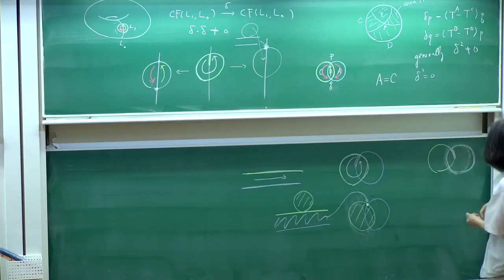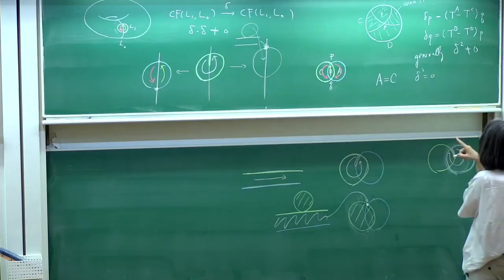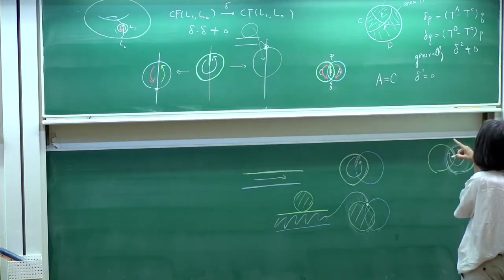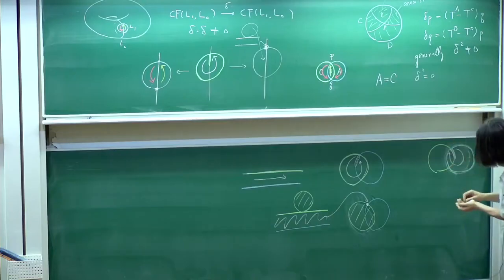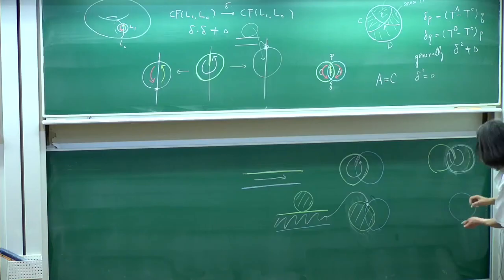And then your holomorphic map is like this. Maybe a little bit strange. But then in the end, what we have is this and this.